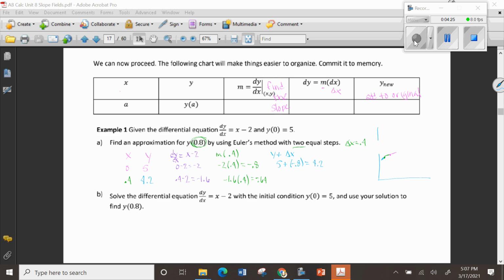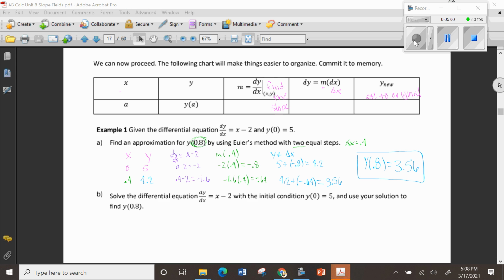Now I take my y value of 4.2 and add to it that negative 0.64 to get my new y value, which, if you put this in the calculator, is 3.56. That is the y value that we would estimate using Euler's method. So our estimation of y of 0.8 is 3.56.